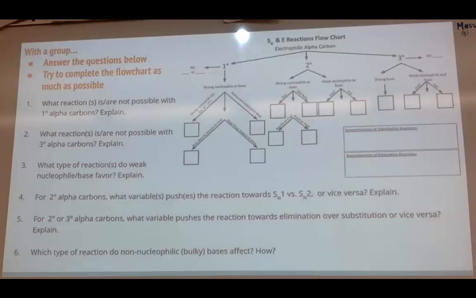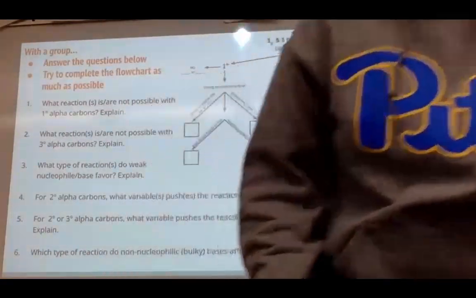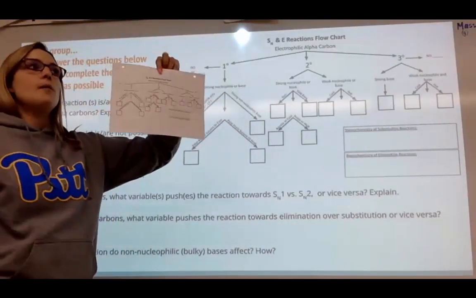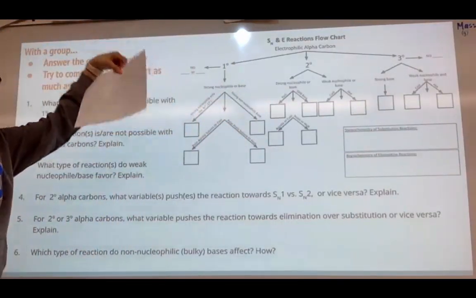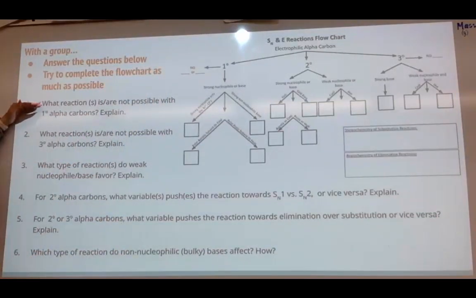What I want you to see if you can do, on slide 10, there's something that looks like this. You're going to notice this is the flow chart that you have on the front page of the practice packet. But before you start filling in this flow chart, I want you to go through the questions on this slide.